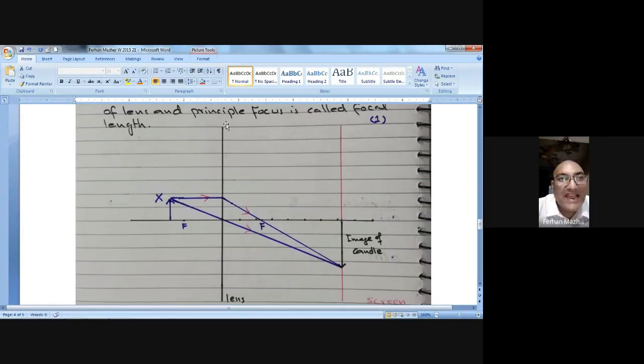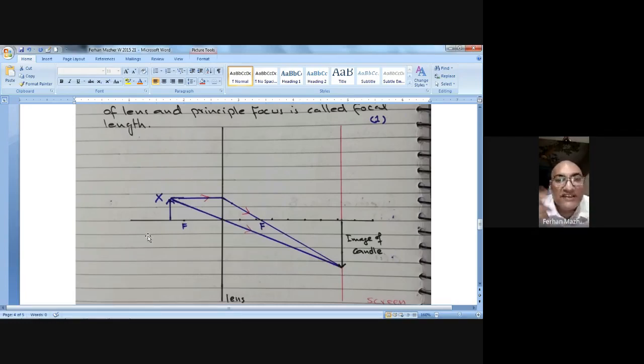This black line represents the lens, and this red line represents the screen. First of all, I drew this lens, and then at a distance of 7.2, I marked and drew a screen with red color. On the screen there was an image of the candle, and I noted the length of the image of the candle. And this is a full scale diagram.